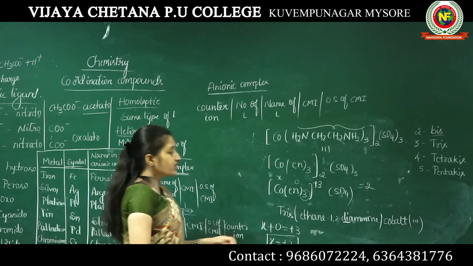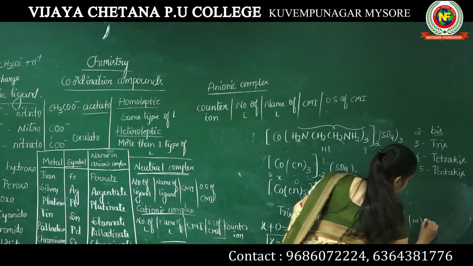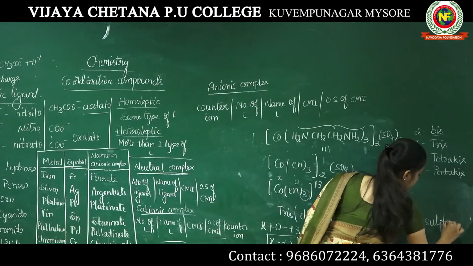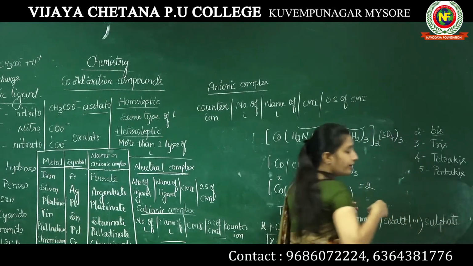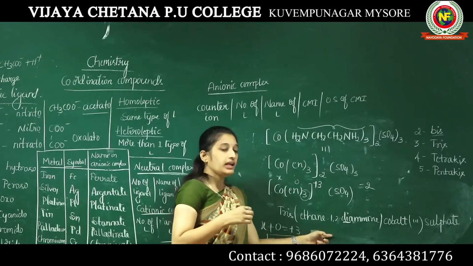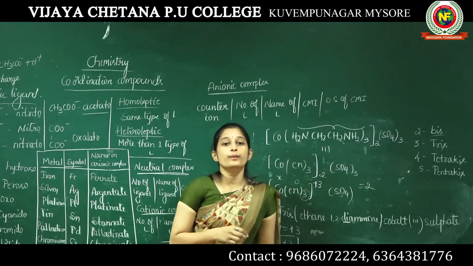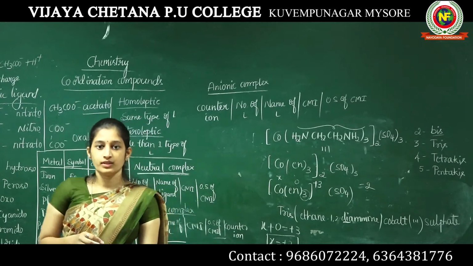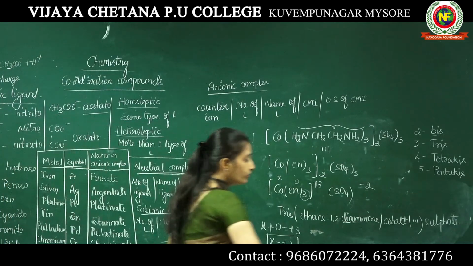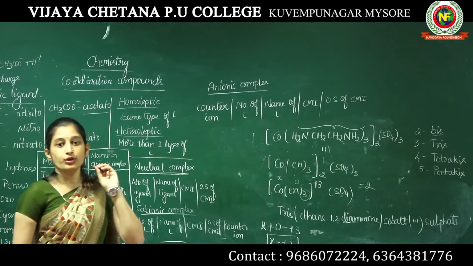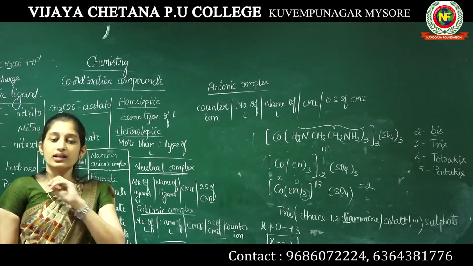What is the counter ion? Sulfate. Then what is the name for this? Tris ethane 1,2-diamine cobalt 3 sulfate. Very simple. It looks big, but once you understand the rules, it's very easy.